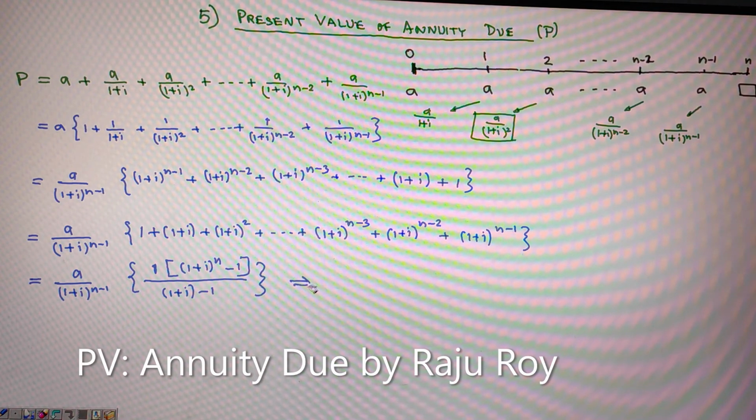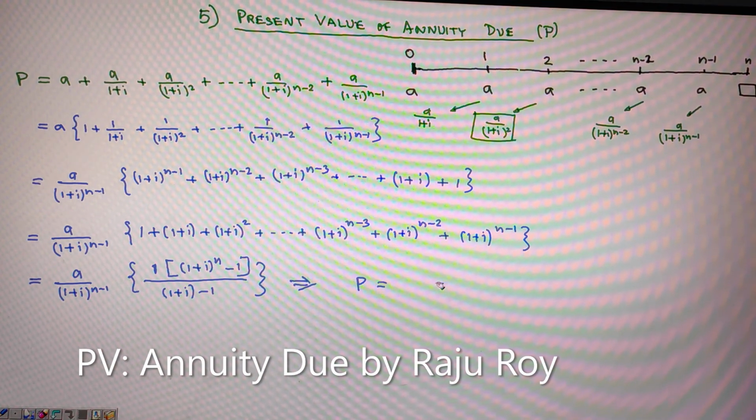So this gives me P is equal to A by i times (1 plus i) raised to the power n minus 1, and within the bracket I get (1 plus i) raised to the power n minus 1.